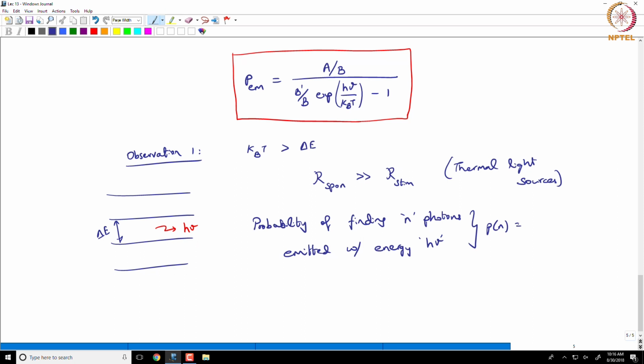But as far as spontaneous emission is concerned, each of those emission events is actually an independent event, okay. One is not dependent on the other.